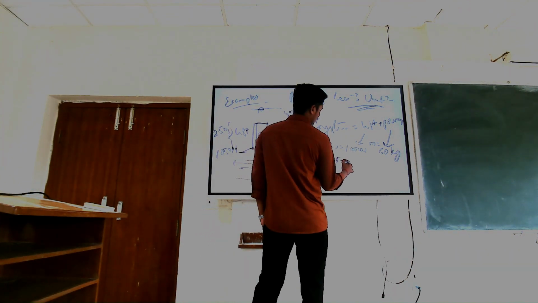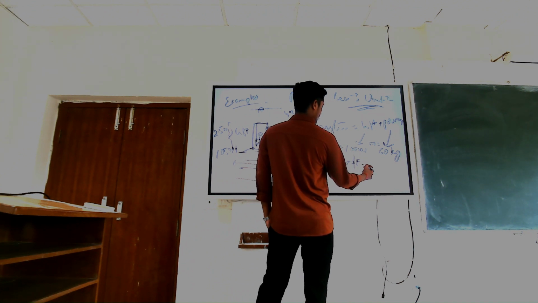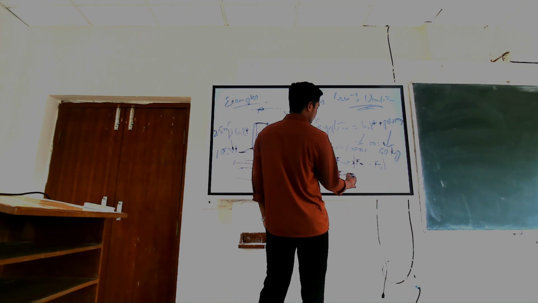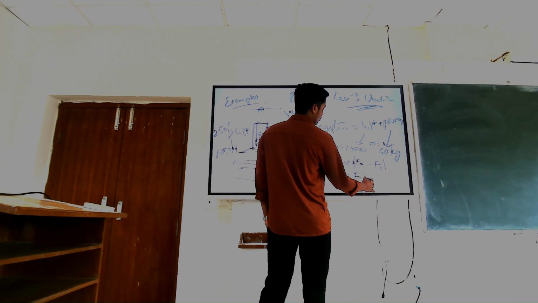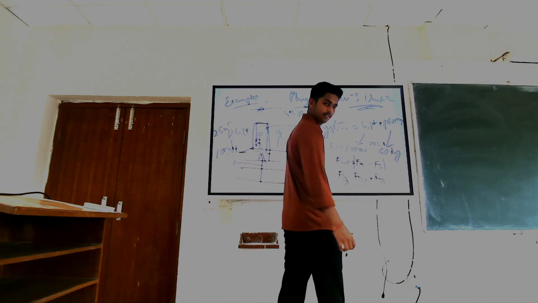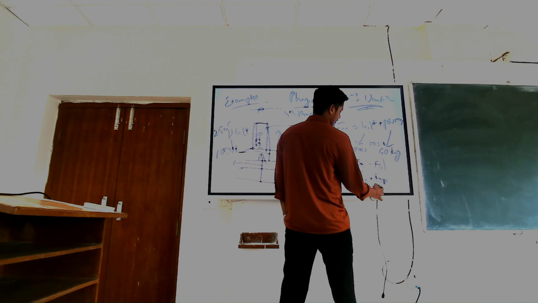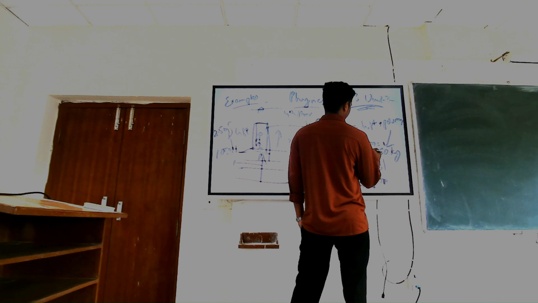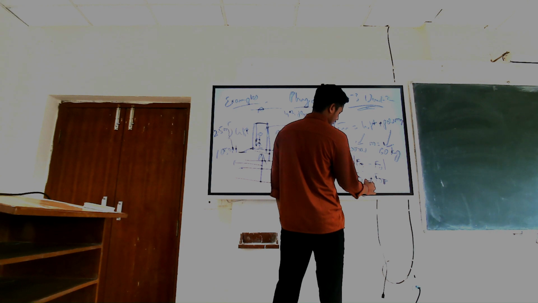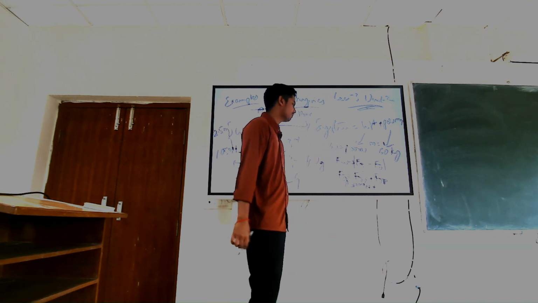Now let's calculate F net. F net is the difference between the applied external force and the gravitational force. What is the gravitational force? Fg is the gravitational force on the lift plus the gravitational force on the person. The gravitational force on the lift is 1000 Newton.